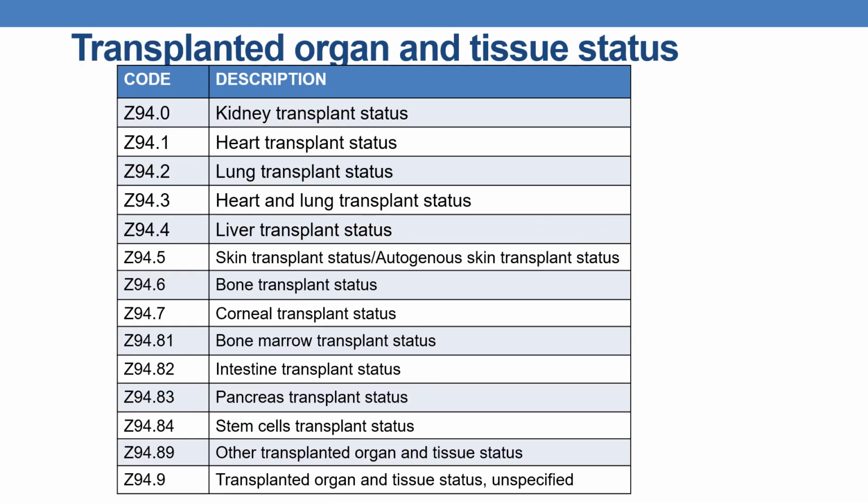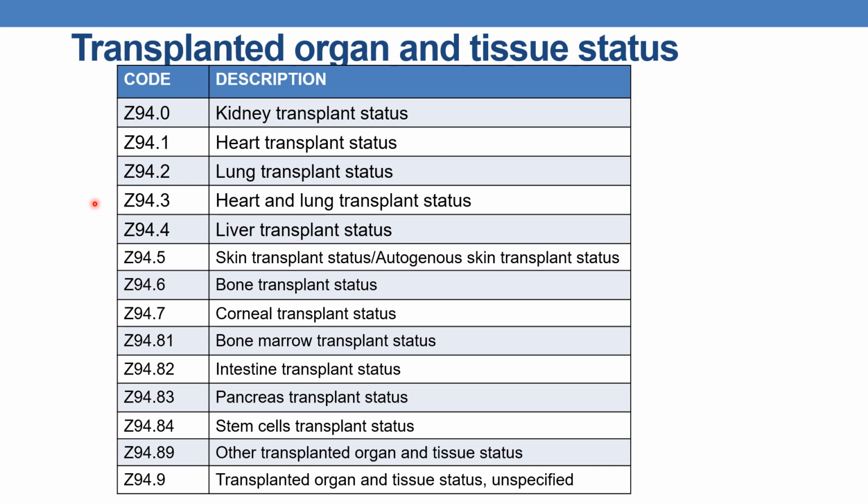The next is the Z94 series, that is transplanted organ and tissue status. The first code is Z94.0. It indicates kidney transplant status. The next is Z94.1. It indicates heart transplant status. Z94.2 is for lung transplant status.